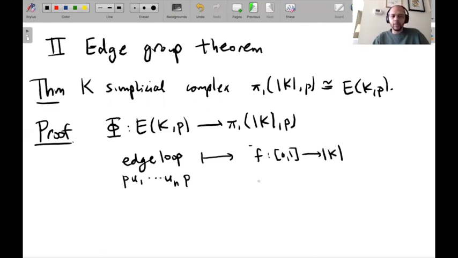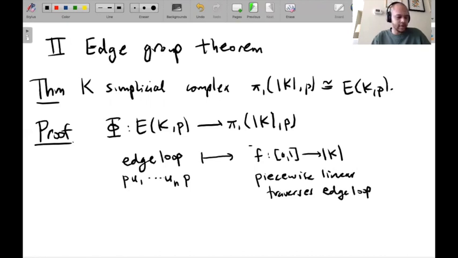And well, what we do is, let me just write it in words. We send this to the loop which is piecewise linear and traverses the edge loop.